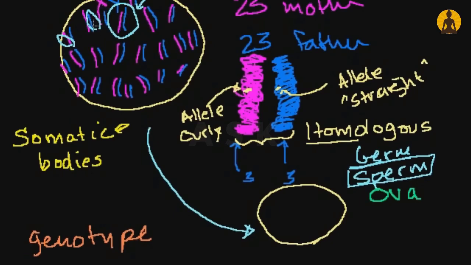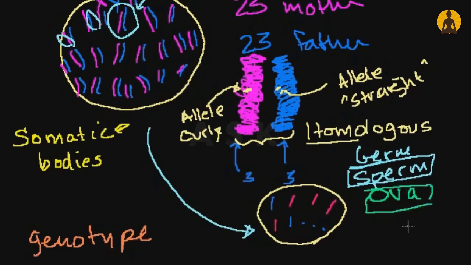So maybe for this chromosome, I get it from my dad, for the next chromosome I get it from my mom, then I donate a couple more from my mom. Then chromosome number 5 comes from my dad, and so on and so forth. But there's 2 to the 23rd combinations here because there are 23 pairs that I'm collecting from. Now, my wife's egg is going to have the same situation.